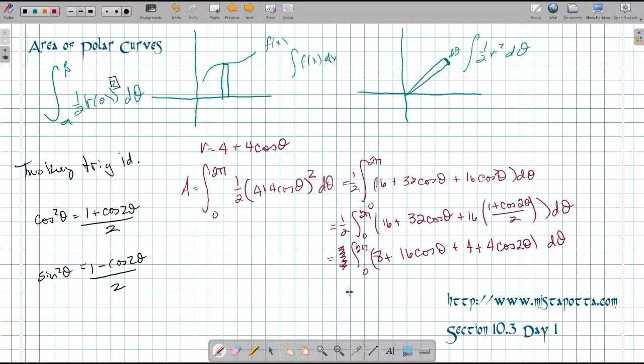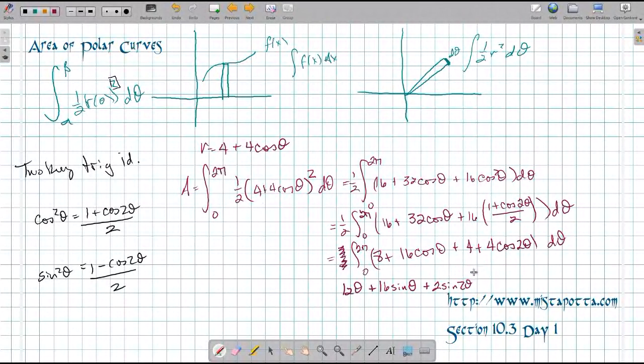So 8 plus 4 is 12. So when I integrate that, I'm going to get 12 theta plus integrating 16 cosine theta is going to give me 16 sine theta plus integrating 4 cosine 2 theta actually gets me 2 sine 2 theta because of u-substitution here.